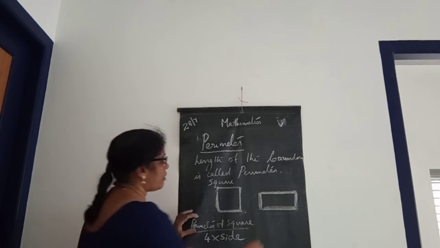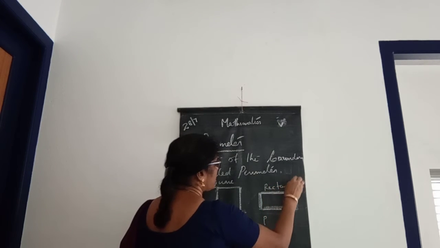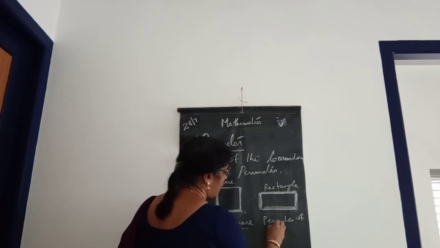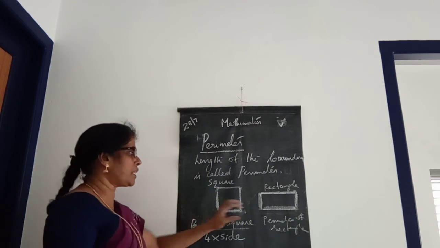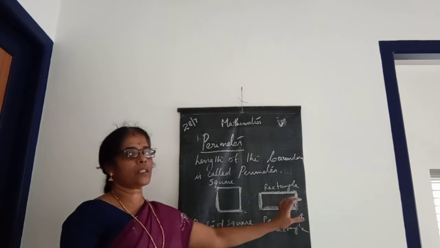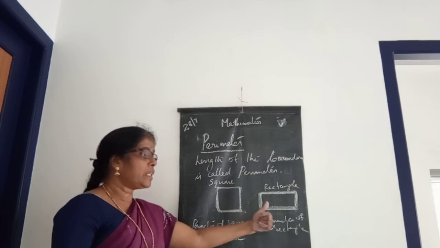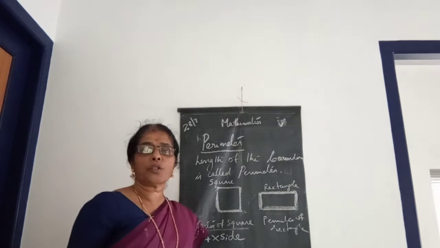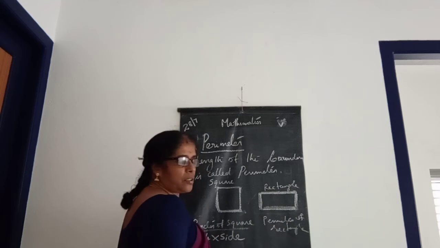And what is the perimeter of a rectangle? Look here, in a rectangle two opposite sides are equal. Here in the square 4 sides are equal, but here two opposite sides are equal. So 2 lengths and 2 breadths, that is different.